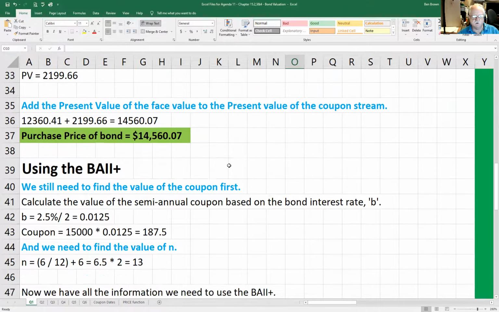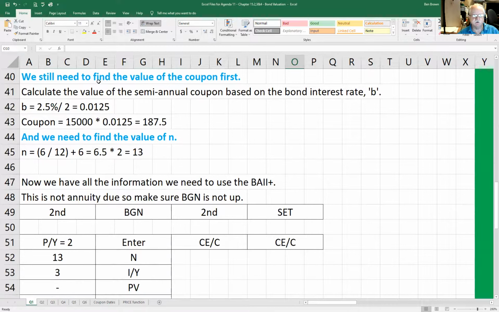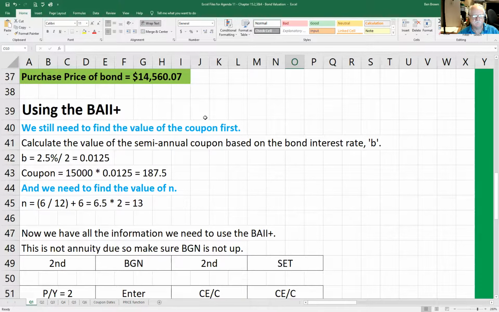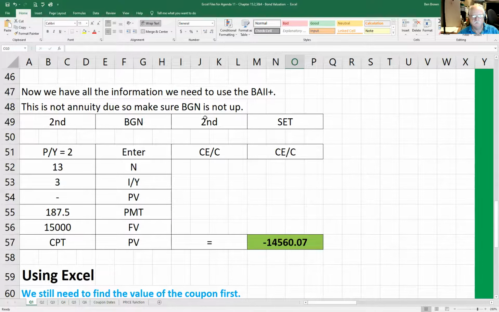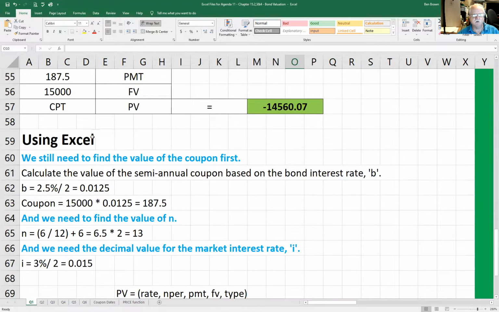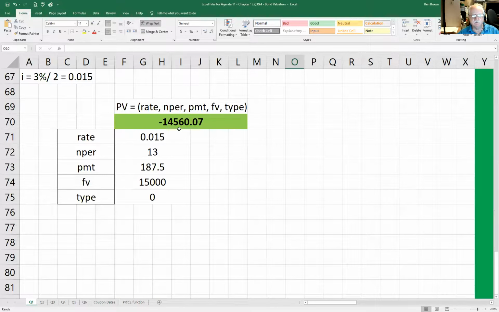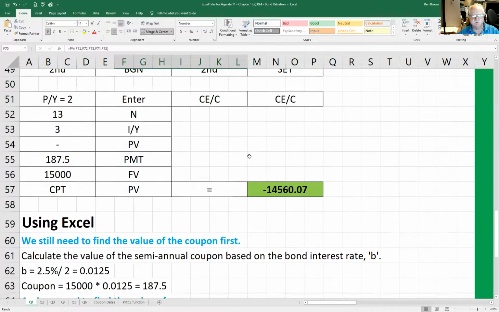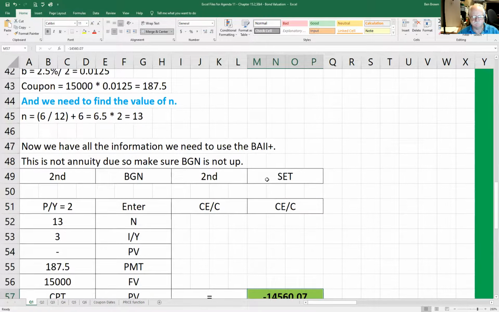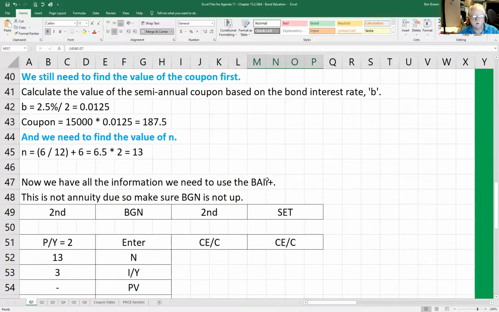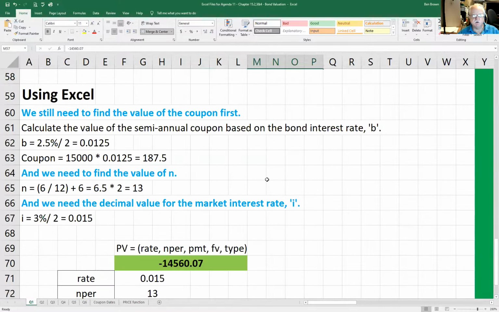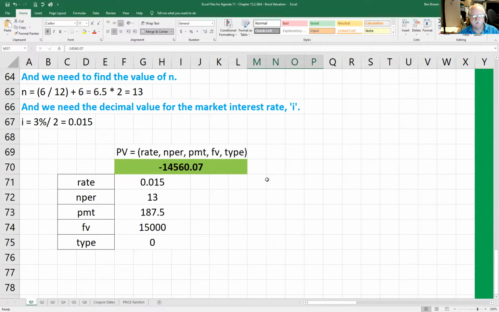And we could have done all these calculations on the BA2 Plus. And we could have done these calculations on Excel. And we would have come up with the same answer in both cases. But just keep in mind what it is you're doing.